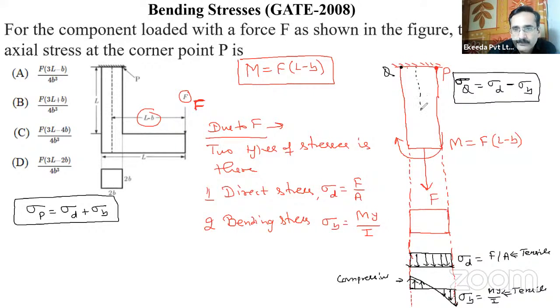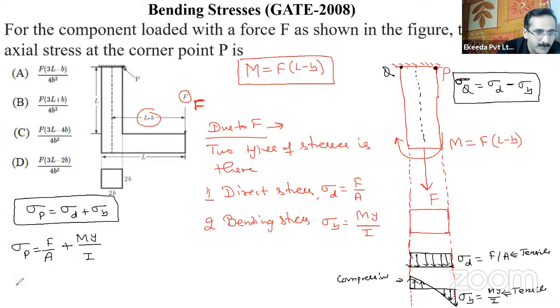So we have to find out the stress at point P. What is the stress at point P? So sigma P will be equal to direct stress, which is given by force upon area, plus bending stress, which is given as My by I. So sigma P would have been F upon area.